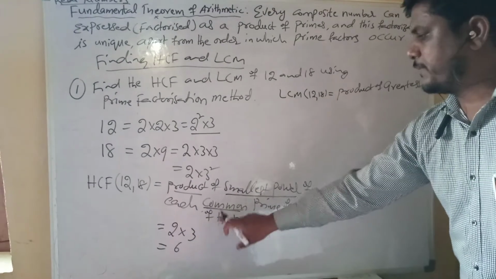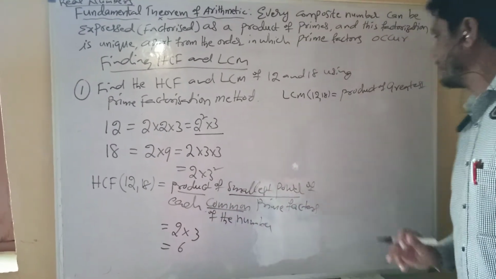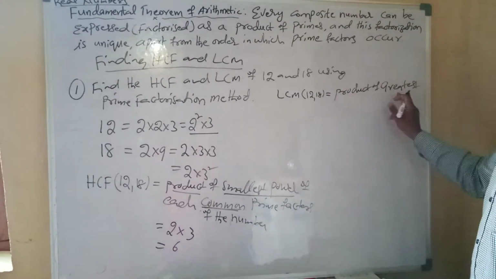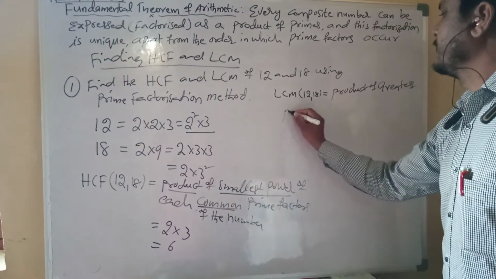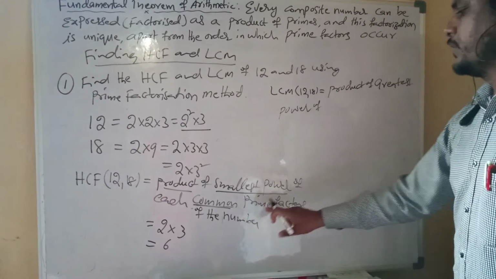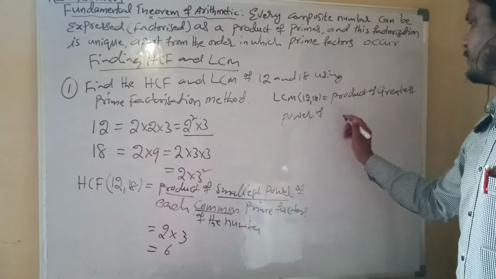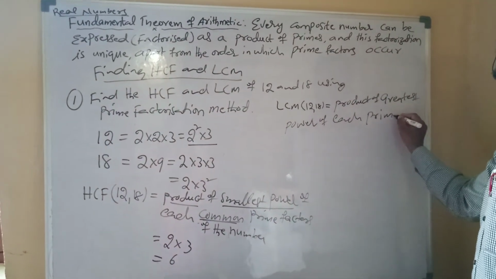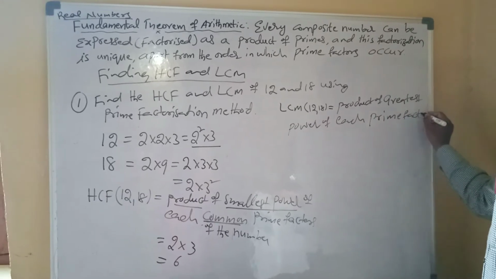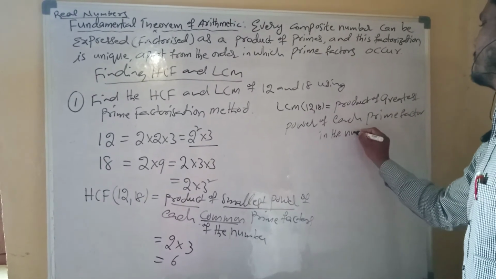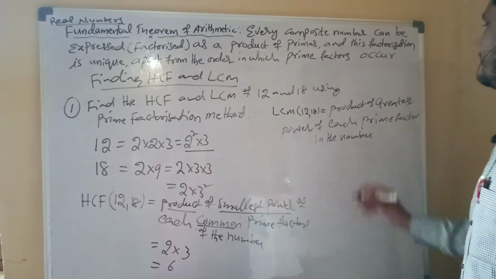In writing the HCF we are considering smallest power; here in writing the LCM, you take a product of greatest power of each prime factor in the number, you don't take only common ones.